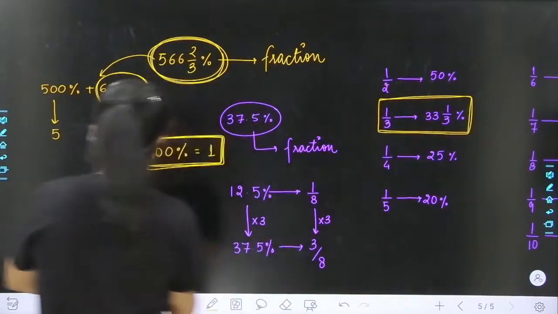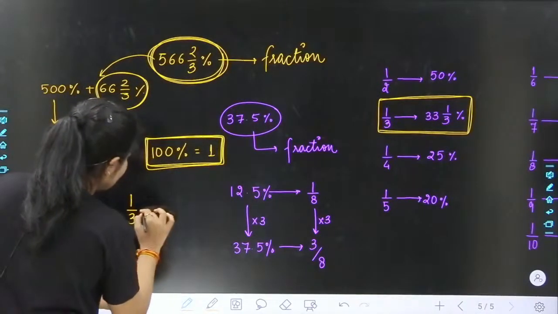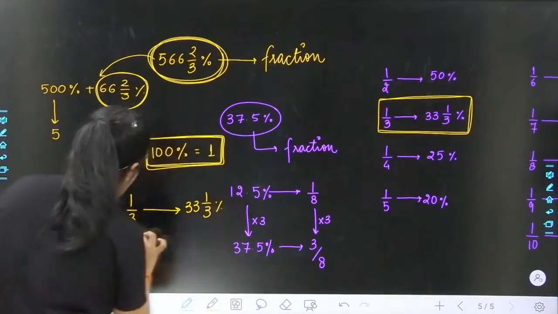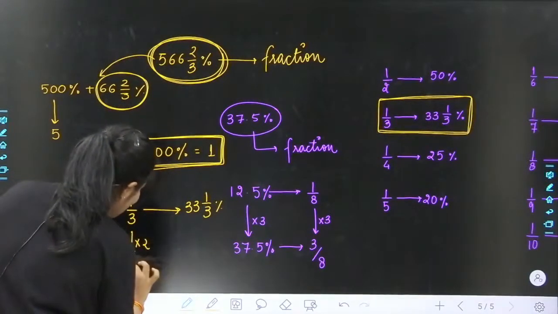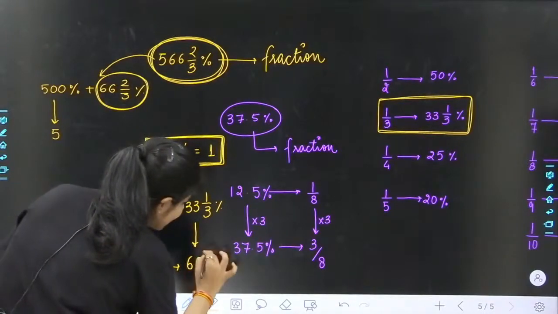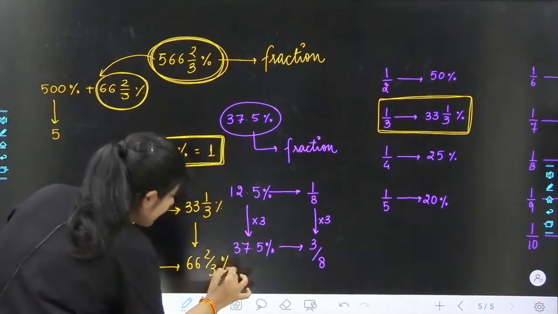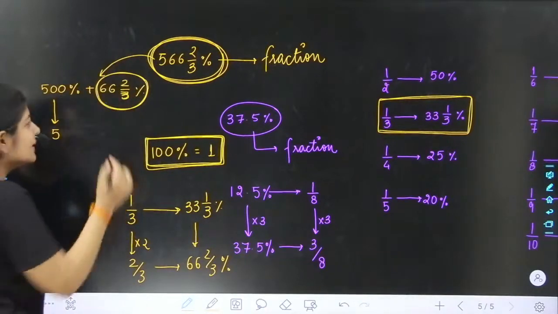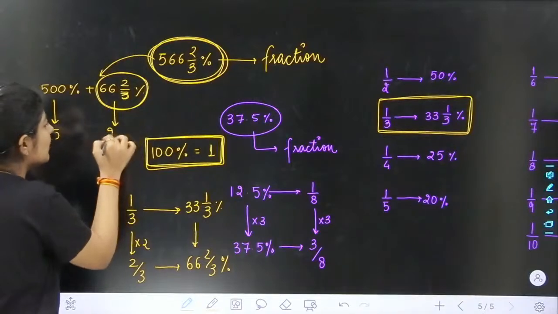If I multiply 1 by 3 by 2, what I'll get? 66 2 by 3%, which is here 66 2 by 3%. That means I can write it as 2 by 3.